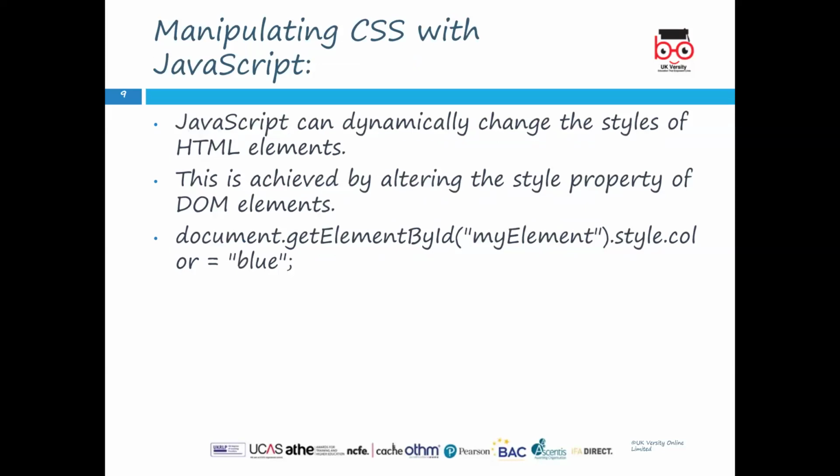Also, we can manipulate CSS within our JavaScript. We can dynamically change the style of our HTML content, and this is achieved by altering the style property on our DOM element. Here we have an example of how this has to be done.